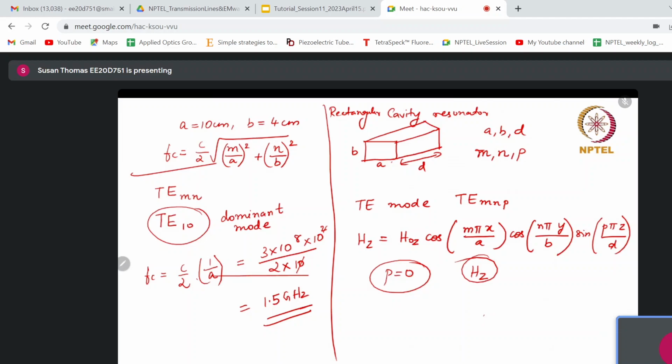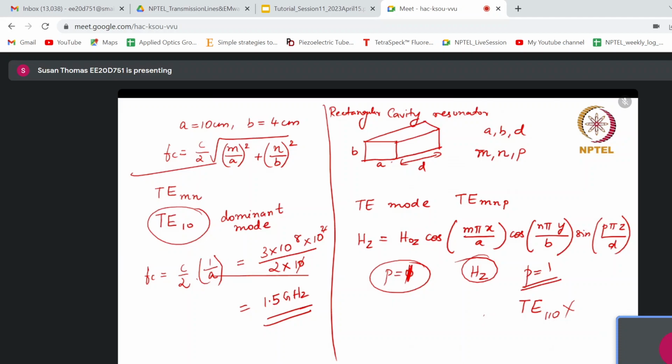So P has to be 1 at any cost for the TE mode to exist. That is why we say TE110 will not exist in the rectangular cavity resonator.